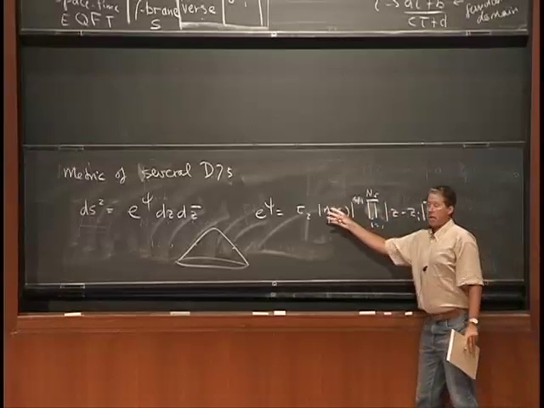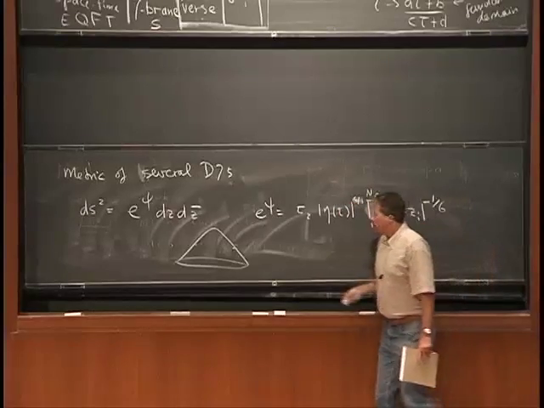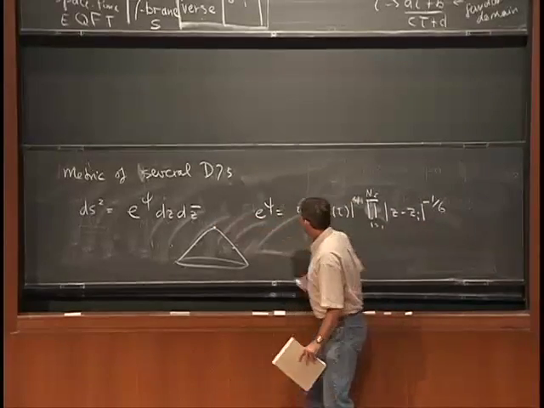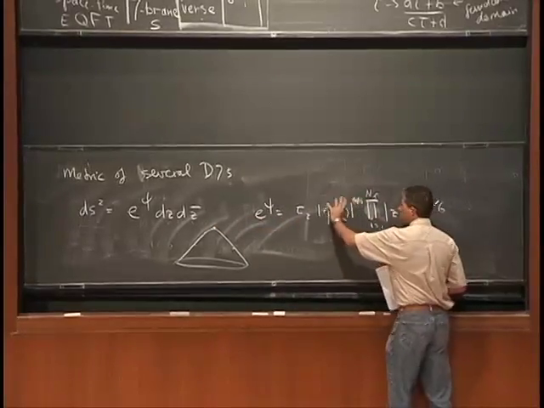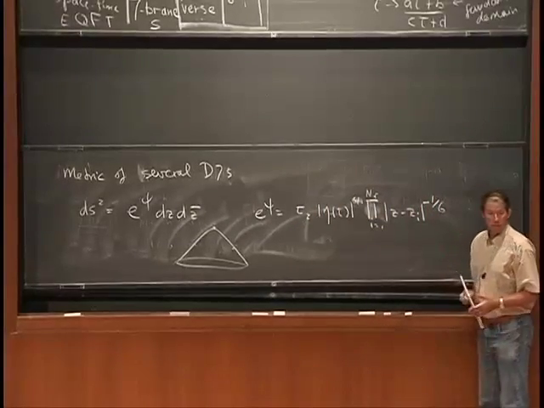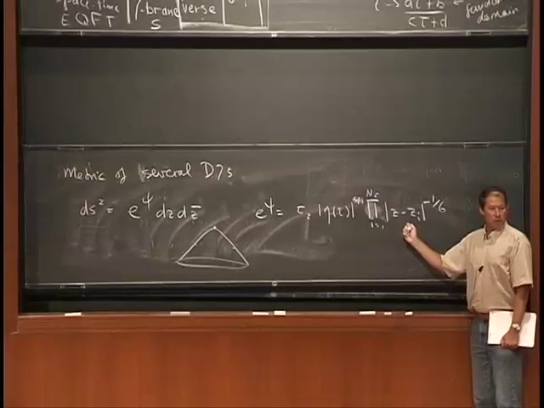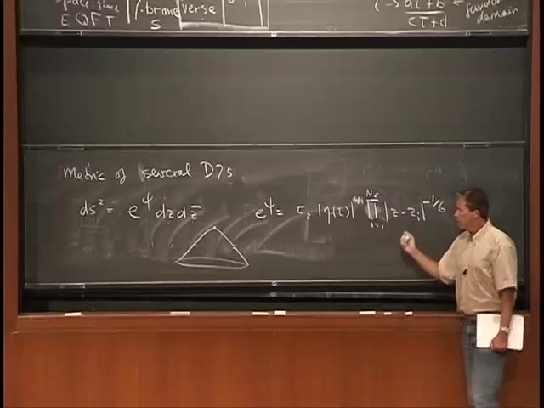So this metric is actually smooth at the location of the D7 brane. The D7 brane sits here, but this function actually goes to a constant if you go far away from the D7 brane. And then you get a conical metric. This is a conical metric when you go far away from the D7 branes.